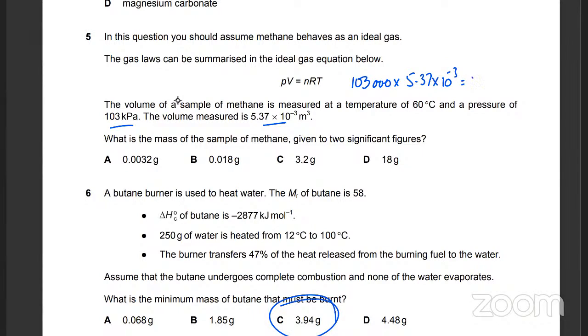How do you find moles? That's mass divided by MR. We'll find the moles, then we'll find the mass. R is 8.31, and temperature should be in Kelvin, so that's 333. Can somebody confirm that's right? Yes, it's 333.